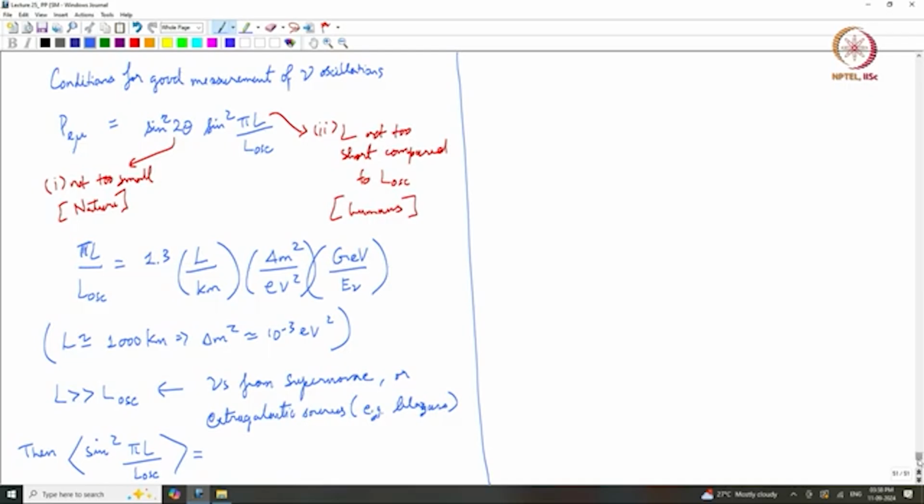The average of sine is 0, right? Half the time it spends its time being positive, half the time negative, and then for every positive value you get the exact same negative value. But for sine square, it is half. Okay, and in this case, the probability, go back here and see, for converting from one flavor to another is just half sine square 2 theta.